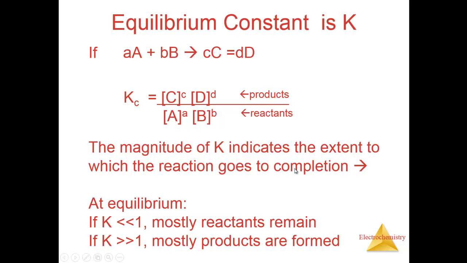Most of the reactions we've been talking about so far, we talk about as though they go all the way from reactants to products. But in fact, a lot of reactions don't do that. They end up somewhere in between, going back and forth. So if K is much less than 1, the reaction has not gone forward very far, and I have mostly reactants remaining. If K is much greater than 1, then mostly products are being formed.